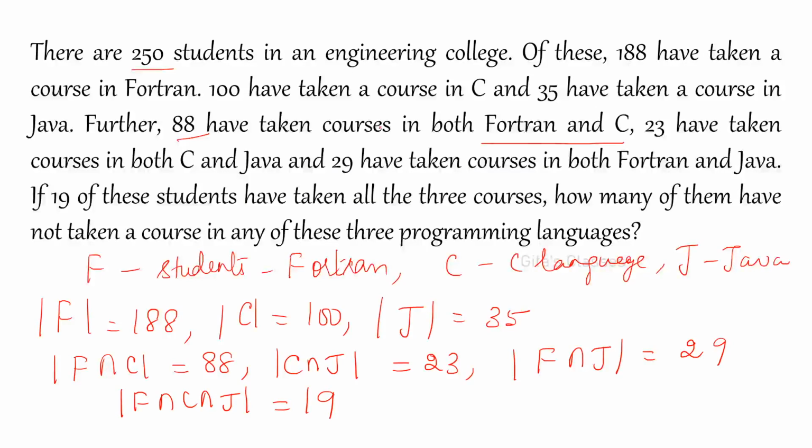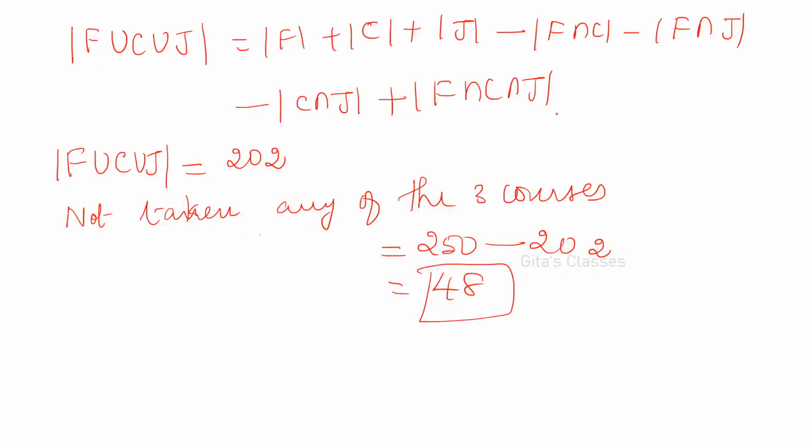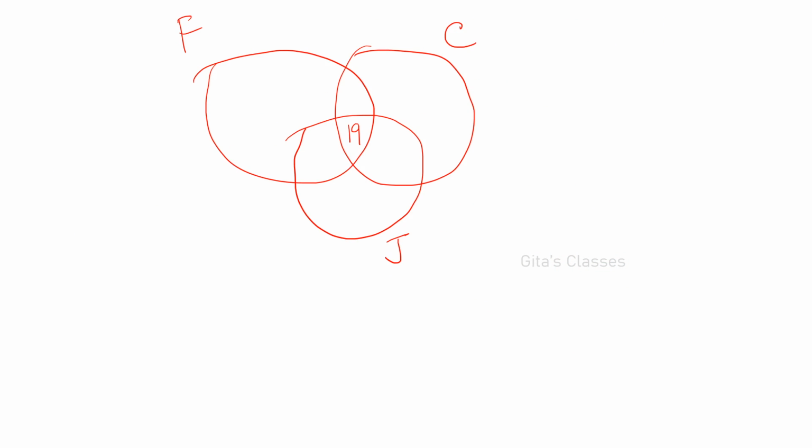First all the 3 is 19, then 29 have taken Fortran and Java. Wait, 2 at a time. 88 have taken both Fortran and C. So this part is 88 actually.